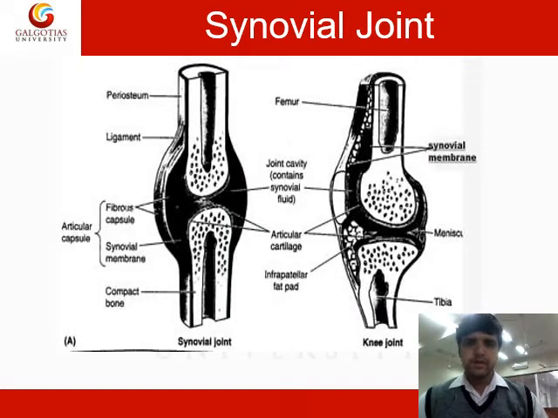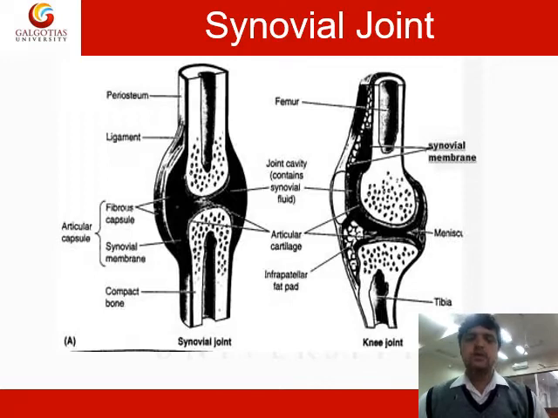This is the basic structure. This diagram represents the basic structure of a synovial joint. As we can see, there are 2 bones with a synovial cavity between them. Apart from that, the synovial membrane and fibrous capsule are there, and the cavity is filled by synovial fluid.